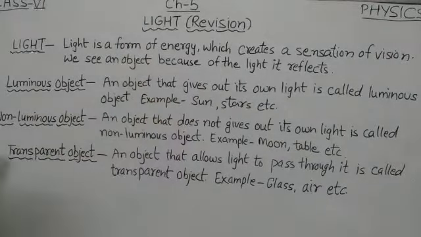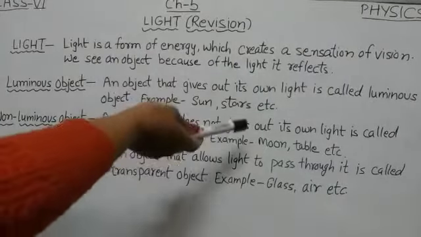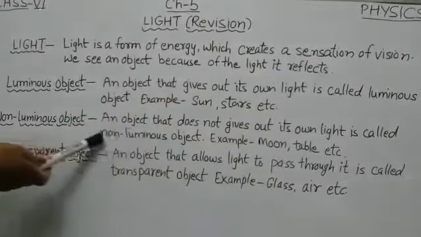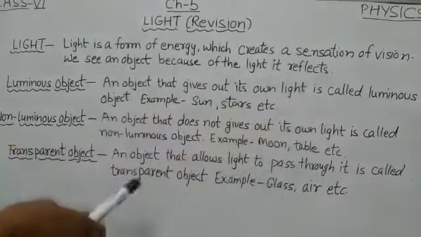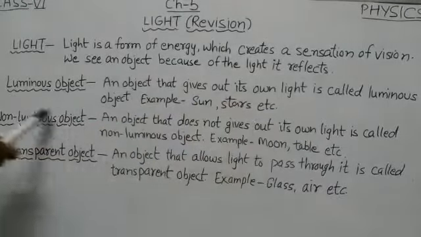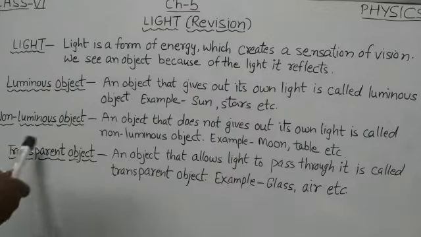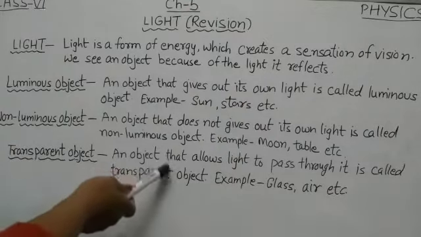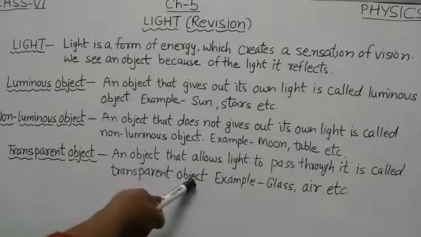Now next one is non-luminous object. So you will define it like: an object that does not give out its own light is called non-luminous object. Example, moon, table, etc. Okay. Now next one, transparent object. What is a transparent object? An object that allows light to pass through it is called transparent object.